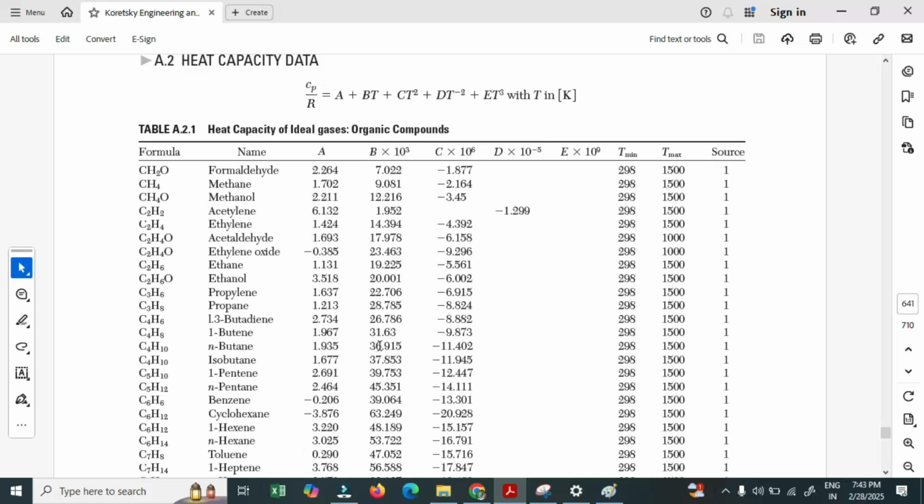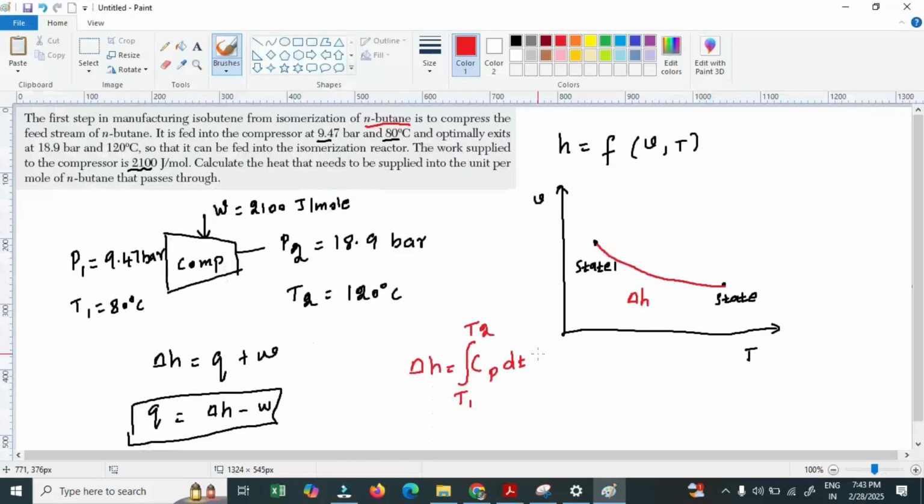So Cp equal to 1.935 plus 36.915 multiplied by 10 power minus 3 T minus 11.402 multiplied by 10 power minus 6 T square. This is my Cp value.